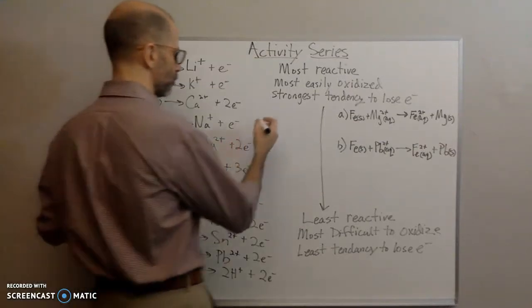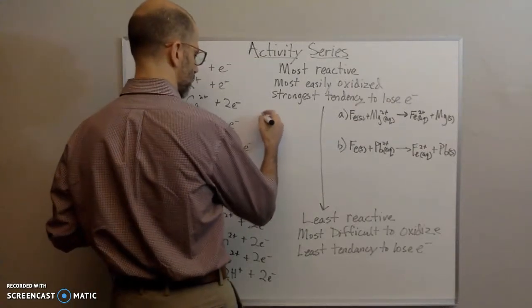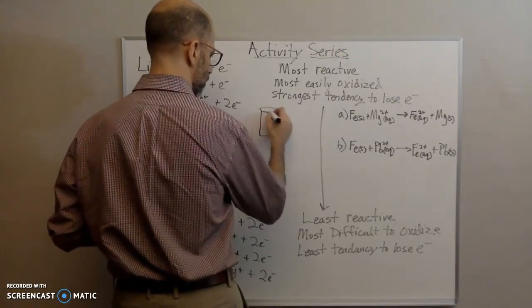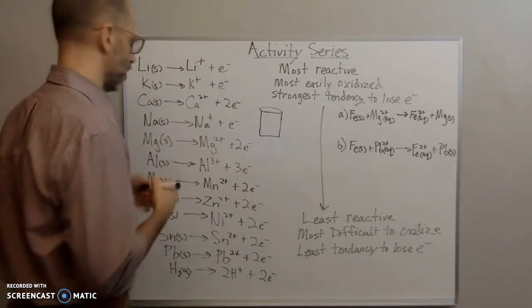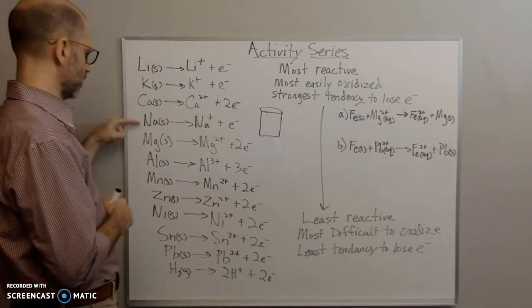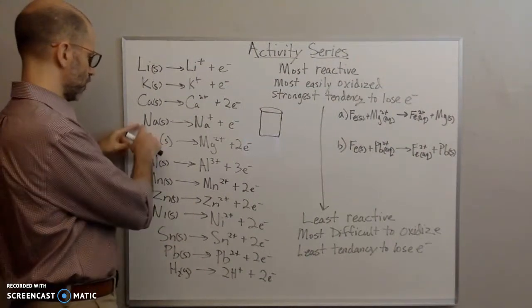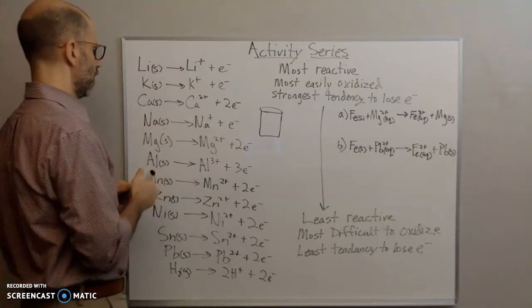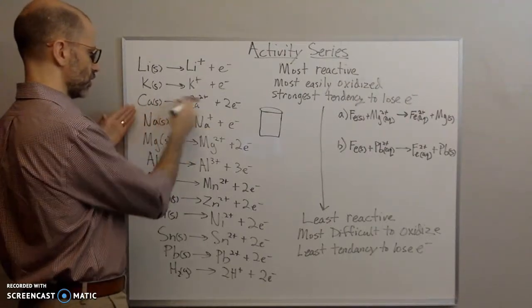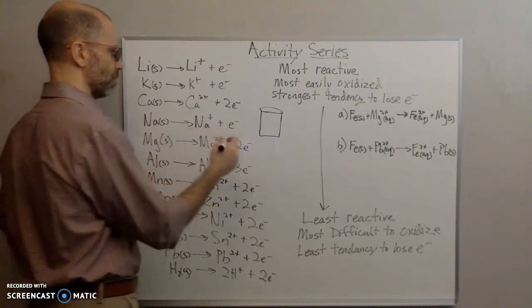So, for example, if I put calcium in a sodium solution, right? Calcium is higher, so calcium wants to lose the electrons more, right?